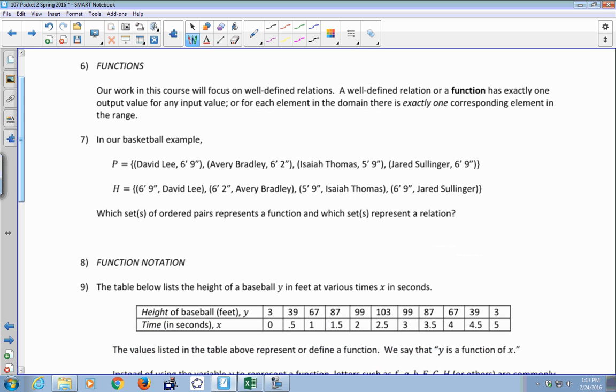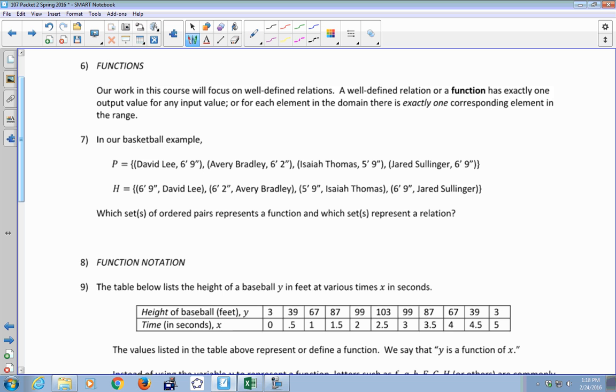So our work in this course is going to focus mostly on well-defined relations, and we name those things functions. A function is just a well-defined relation, which means that there is exactly one output value for any input value. Okay. So for each element in the domain, there is one and only one corresponding element in the range.